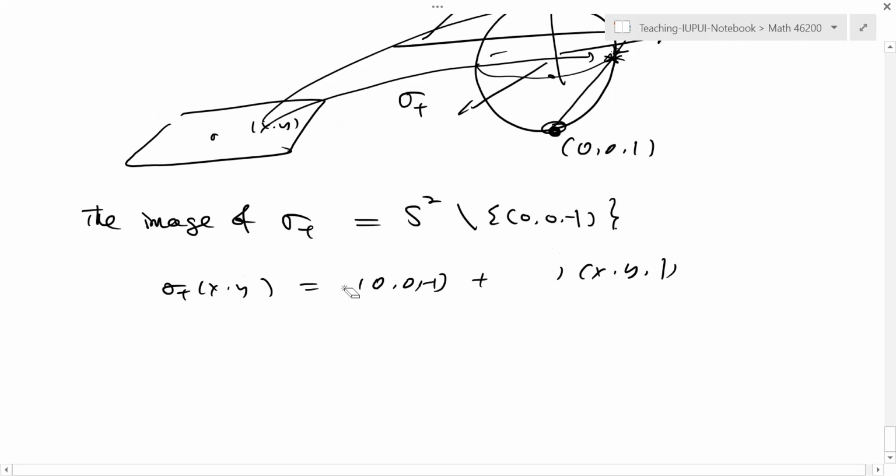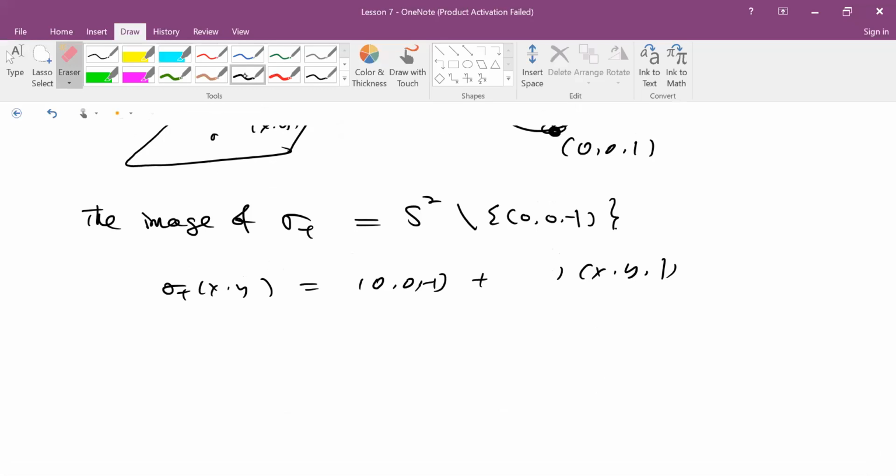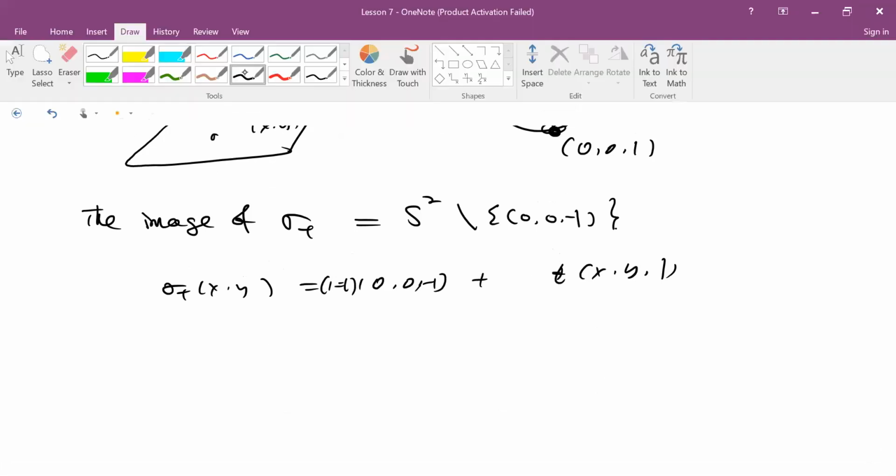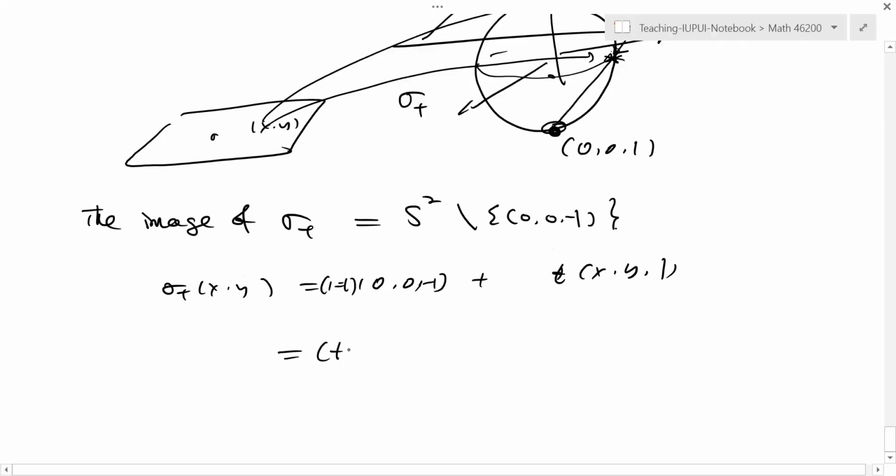Just t, and this is 1 minus t. Okay, 1 minus t and the t. So I get tx, ty, plus 2t minus 1. Yeah, that is better.